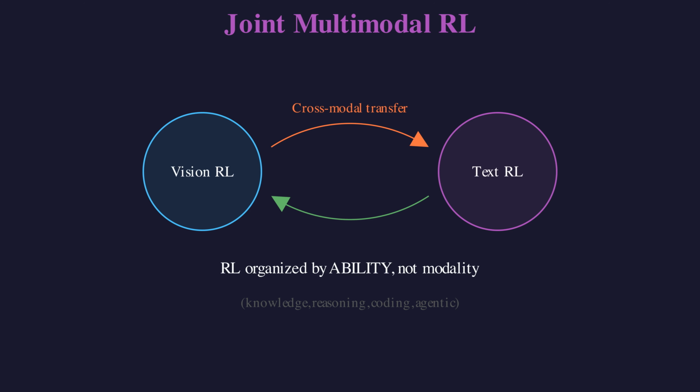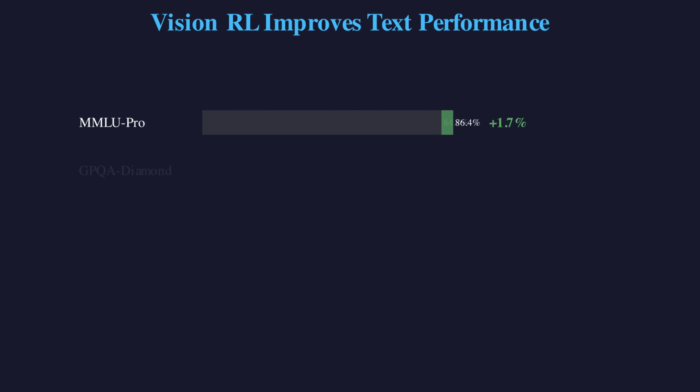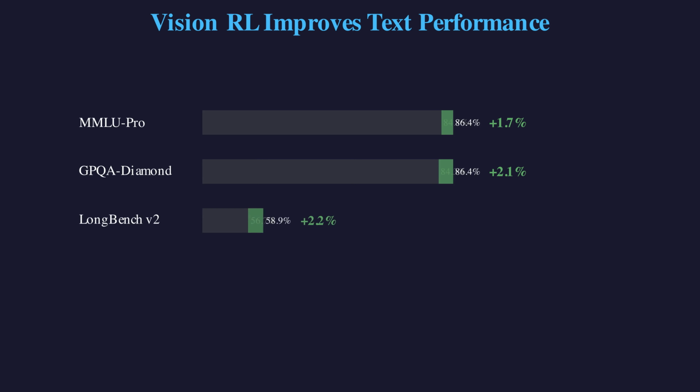MMLU Pro, which is a pure text benchmark, jumped from 84.7 to 86.4, a gain of 1.7 from training exclusively on vision. GPQA Diamond went from 84.3 to 86.4, up 2.1. LongBench V2 improved by 2.2%. Text benchmarks getting better because you trained on vision tasks.